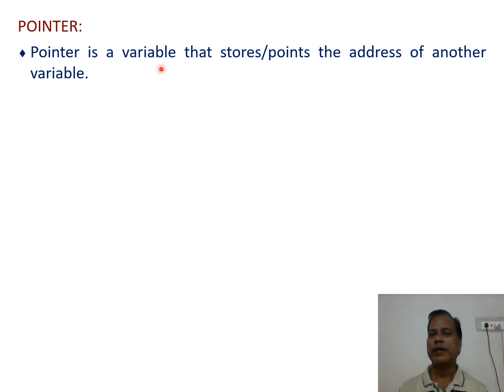So that address corresponding to the variable is stored in the pointer variable, and that's why we say that a pointer is a variable that stores the address of another variable.